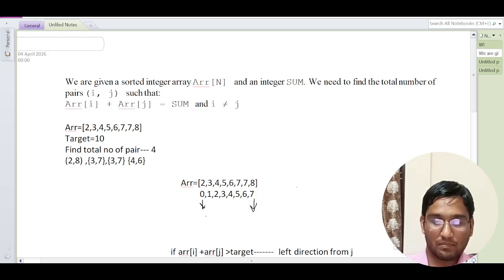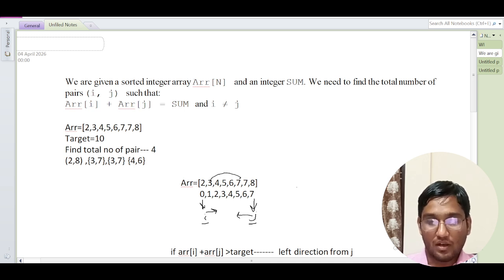So if this becomes i and this becomes j, we need to traverse the array in such a way that we move in the right direction from i and in the left direction from j.